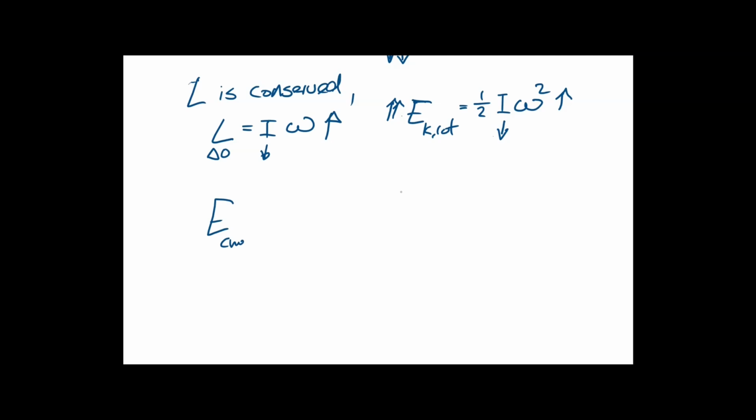So chemical potential energy in her legs is transferred to kinetic energy in her feet, which is converted to a couple of things. The moment of inertia must go down. The distance to the center must go down.